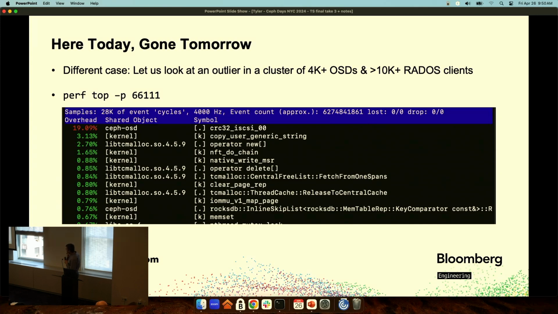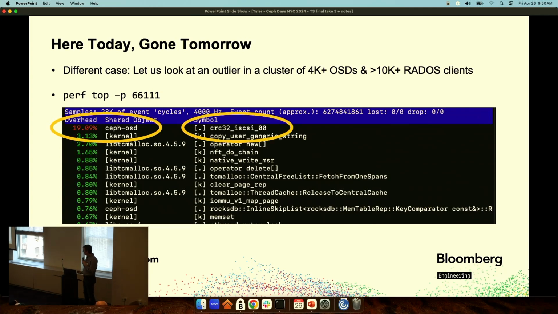And then the last one, and probably the more interesting one that we've seen. So I've looked at Ceph flame graphs from time to time. And usually it's not this extreme, but almost always, for us anyways, CRC32 is at the top. In this case, it was taking 20% of the process's time when I finally got around to finding it.